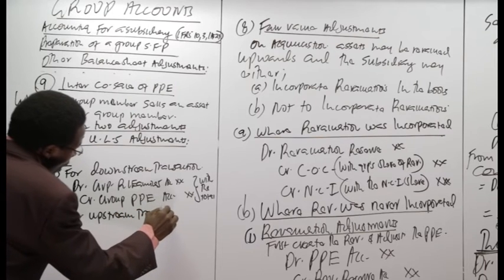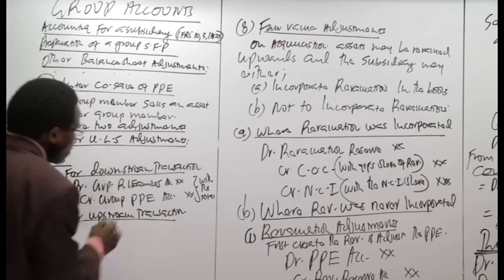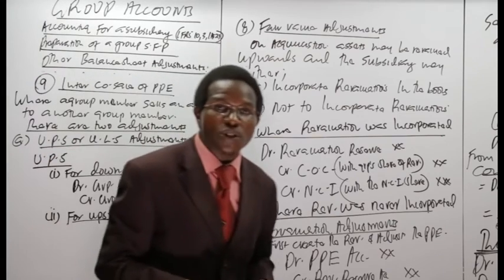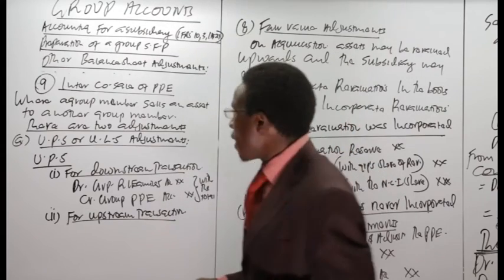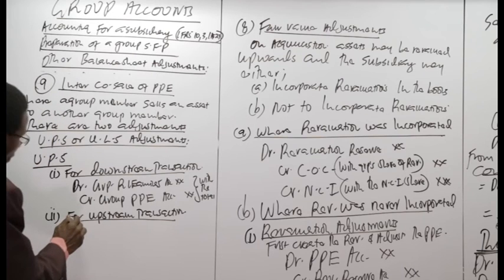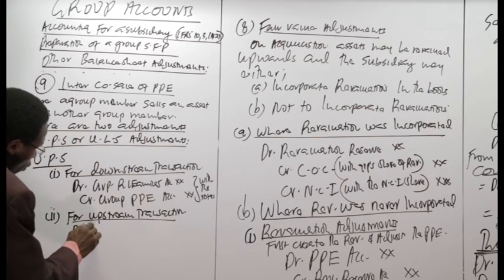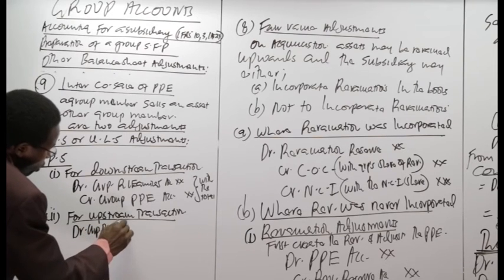I need to remind you every time. I still remind you this, friends, upstream transaction is where the subsidiary sold goods to the holding company. If that is the case, then unrealized profit will have to be determined and eliminated this way. We debit our group retained earnings, so group share.